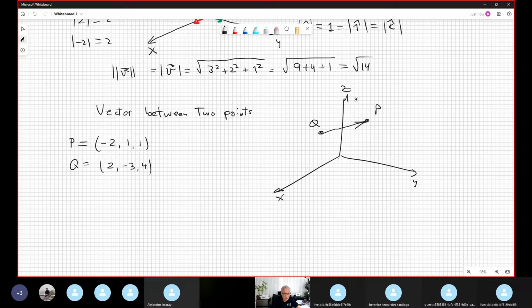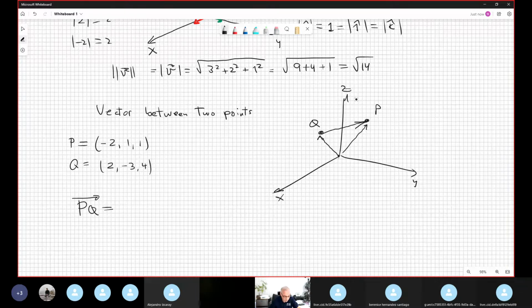I want to find the vector PQ. It's a non-position vector, because a position vector starts at the origin, but this is a vector in between 2 points.